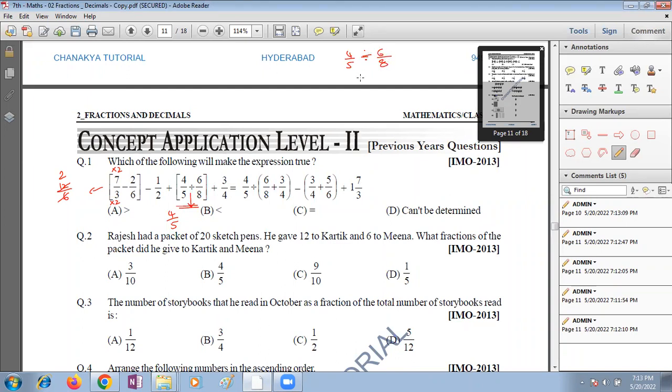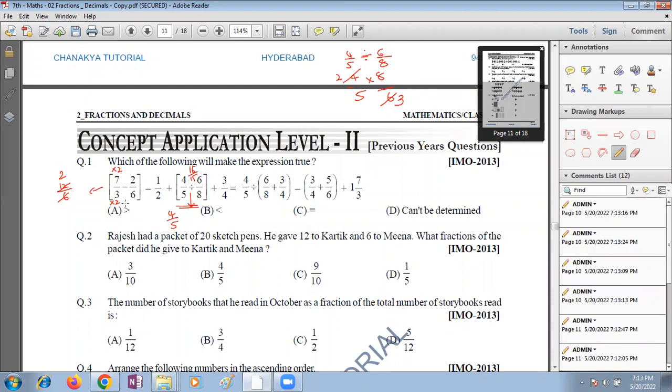We are unable to divide fractions, so you take the reciprocal: 4 by 5 into 8 by 6. Any simplification, we can cancel 4 and 6 with the 2 table. 2 twos are 4, 2 threes are 6. Now 8 twos are 16 by 5, 16 divided by 15. Coming to this part, what will you get, children? 16 by 15.